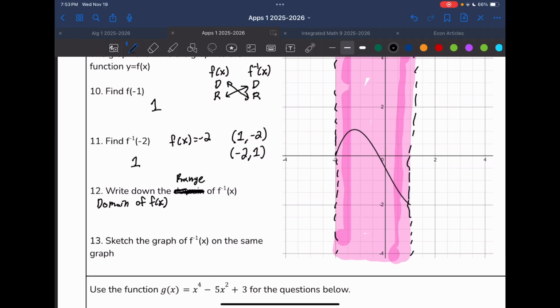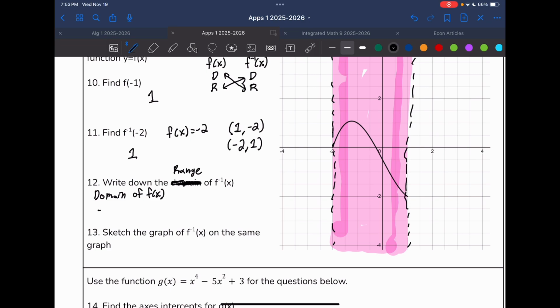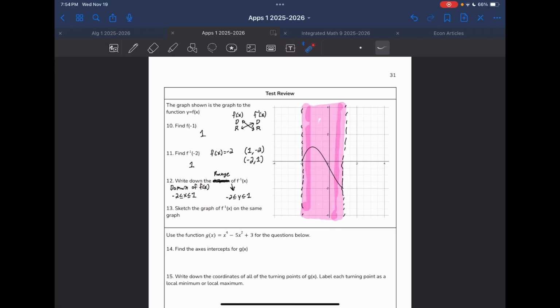The domain is defined anywhere between -2 is less than or equal to x is less than or equal to 1. Meaning that the range of the inverse function has to be -2 is less than or equal to y is less than or equal to 1. Just noting that we change it from x to y because now we're talking about a range, right? We know the values are the same as the domain, but they've been flipped to a range, so we write y.